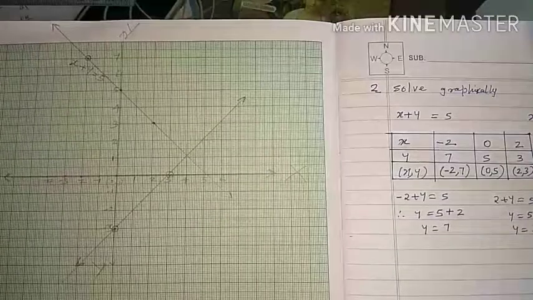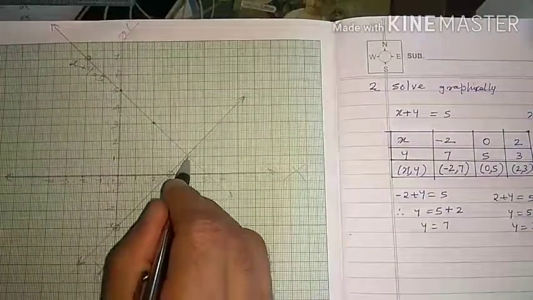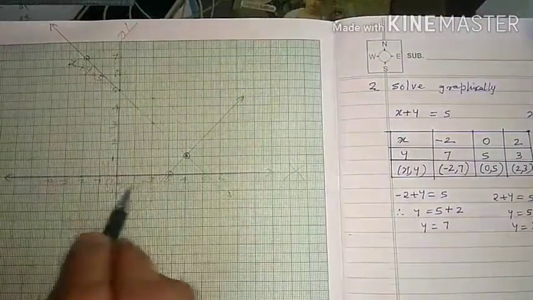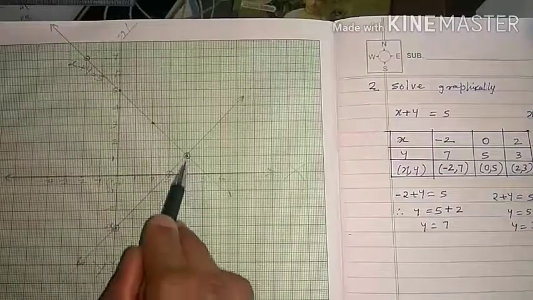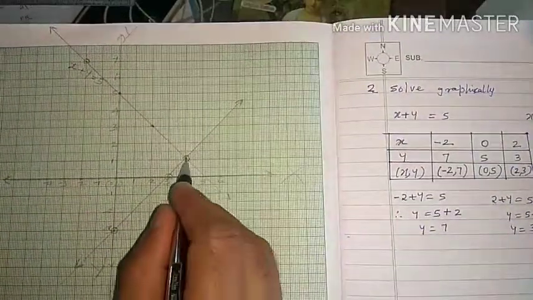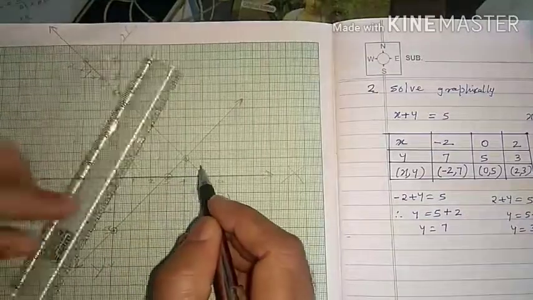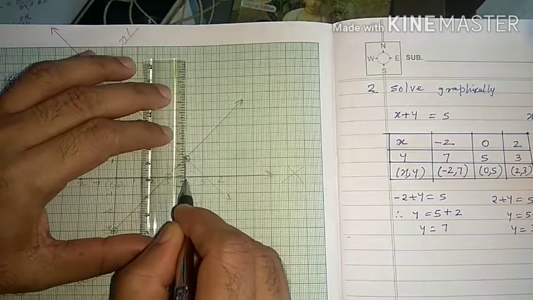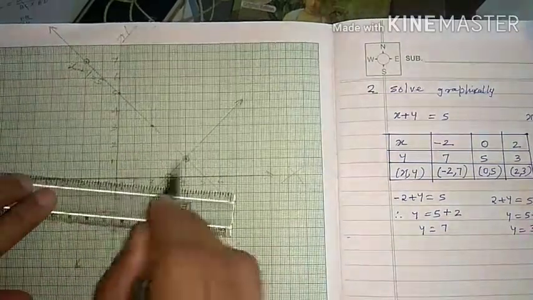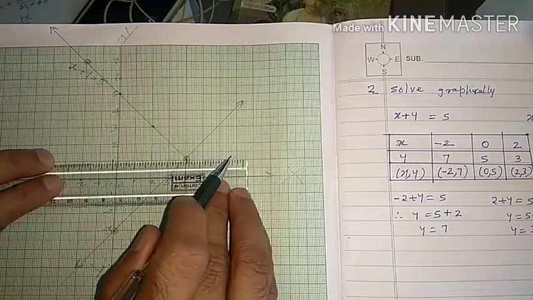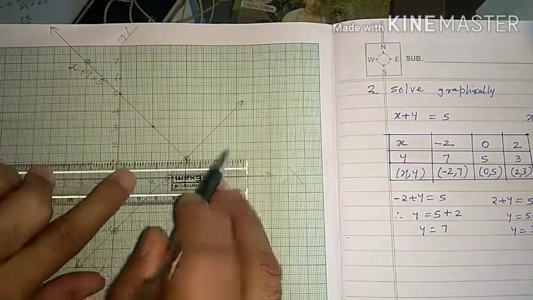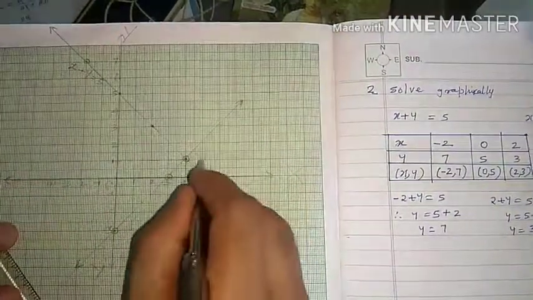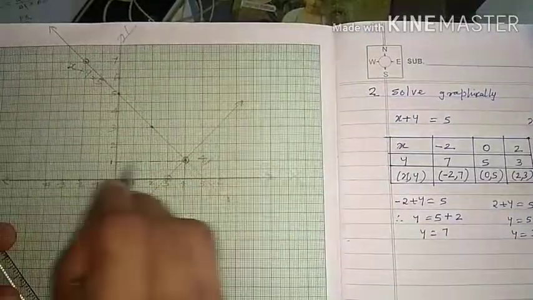Now the intersecting point is the solution. Here, how much is x? From here draw a perpendicular, you can draw one dotted line, it is 4. X is 4, y is 1. So the answer is x is 4, y is 1.